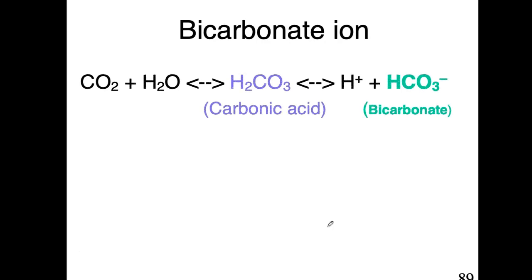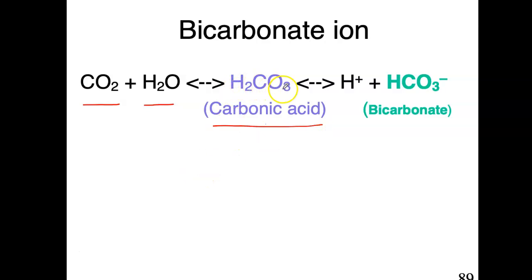So I'm going to show you this formula and show you that this is a buffer that is transported in your blood. If you were to take carbon dioxide, which is readily available in the body, and combine it with something else that is readily available in the body, which is water, you can make a very important molecule, and that's called carbonic acid.